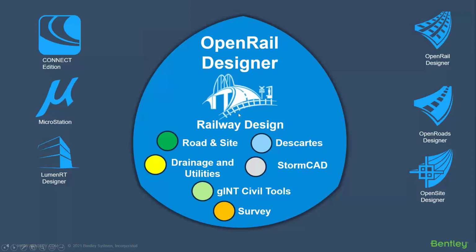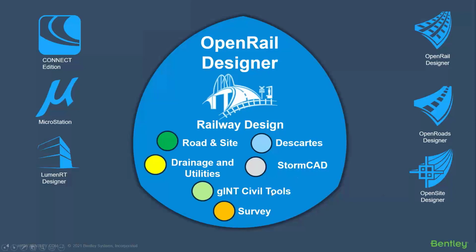Okay. Apart from this, functionalities like using reality models, point cloud data, different types of survey data, okay? And of course, if you have to lay out or create a network of utilities above or underground, we also have the drainage and utilities workflow to support that. And of course, hydraulic or hydrology calculation is also built in because we have the full function of StormCAD, which is part of our OpenFlows solution.